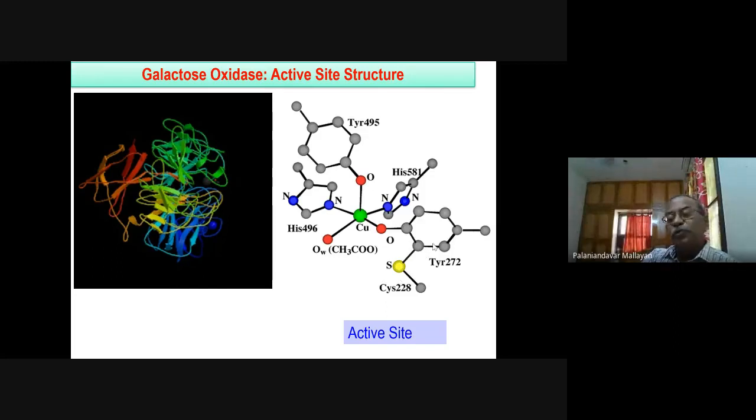So how this is assembled, how this is derivatized itself, is a very important bioinorganic chemistry problem. That we call the genesis of the enzyme. So whether the genesis of the enzyme itself involves the same copper. So you have umpteen interesting questions around this type of enzymes.